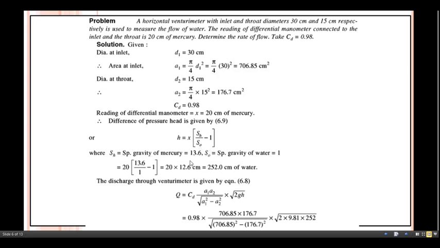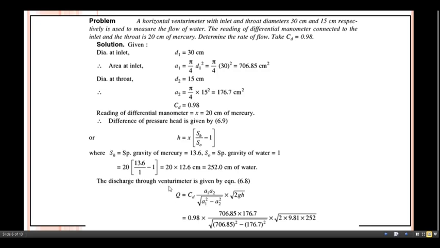We know the specific gravity of the mercury and specific gravity of the water. So here the specific gravity of the mercury is 13.6 and specific gravity of the water is 1. From this relation you can get the value for H. Substitute the value of x, Sh, S naught. After the calculation we can get the value for H as 252 centimeter of water.